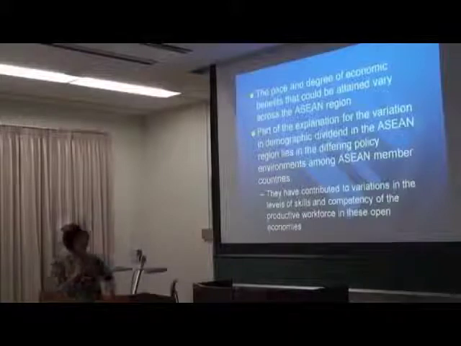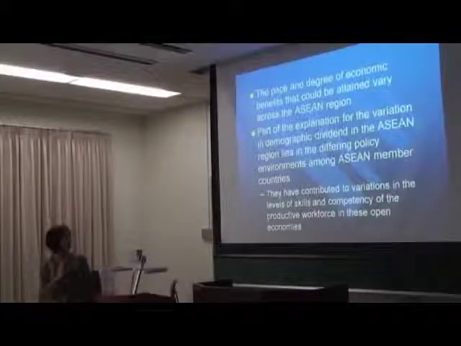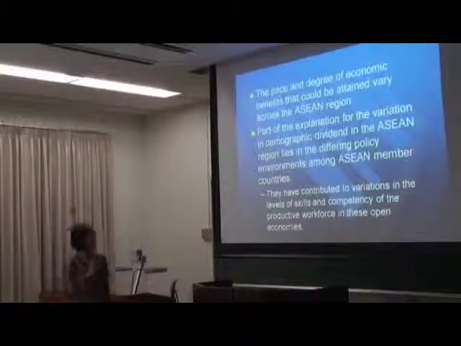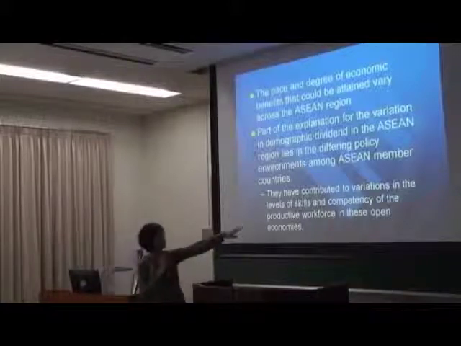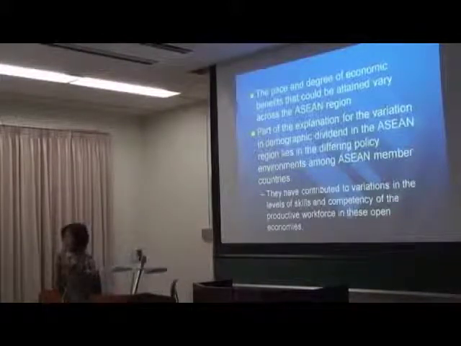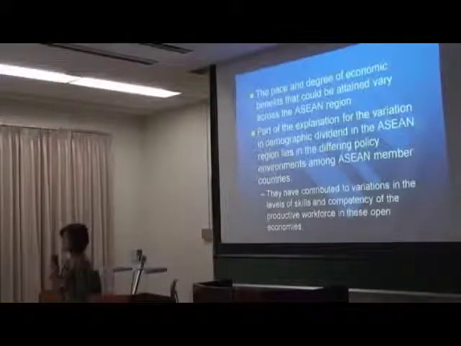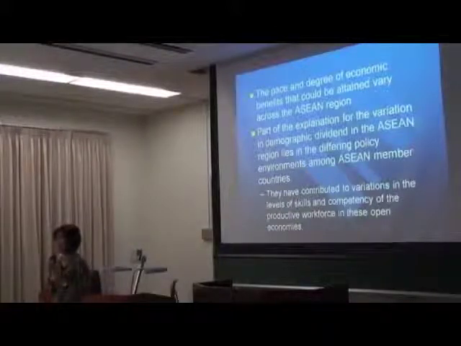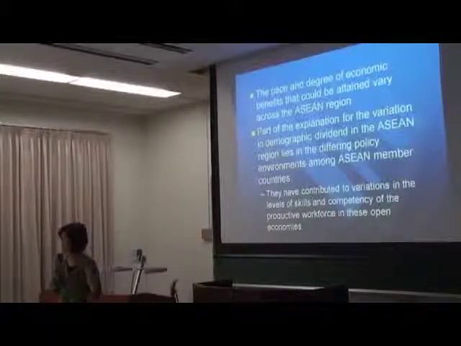Okay, and this would explain why we have variations in levels of skills and competency, because each country has its own policy, and they try not to tell others what we are doing so that they don't imitate. If they know what we are doing, they may do better than us, something like that.